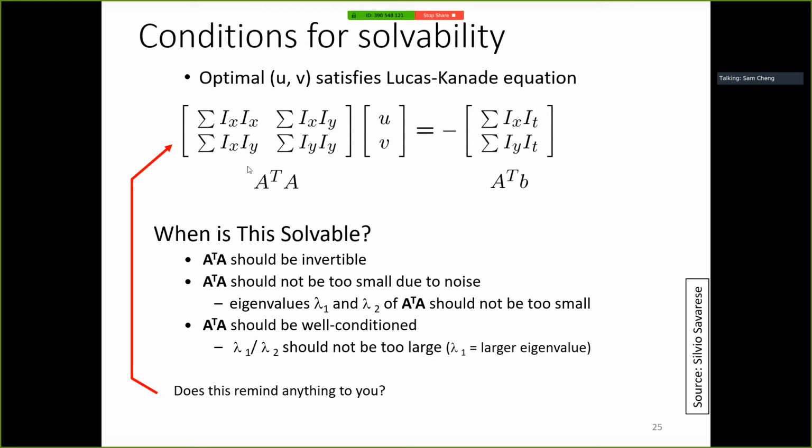So if you take the inverse of this guy, it tends to go to infinity. And this is exactly what's going on, right? When this is flat, you won't have a stable solution when you try to solve this UV.